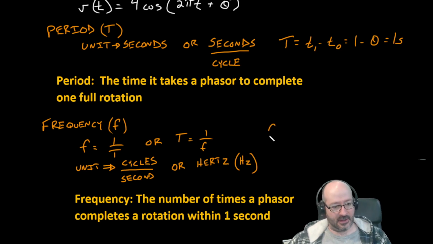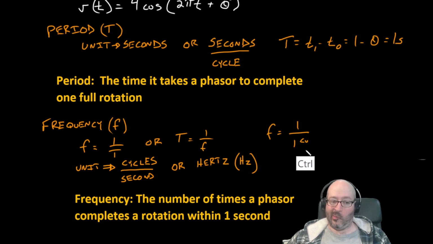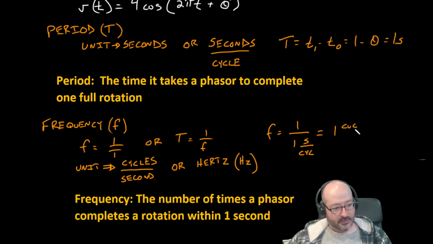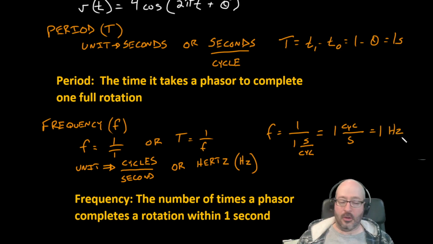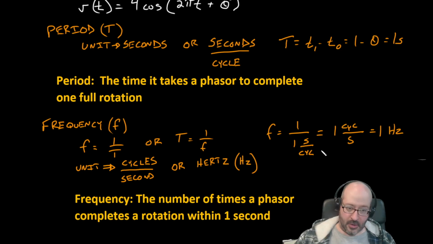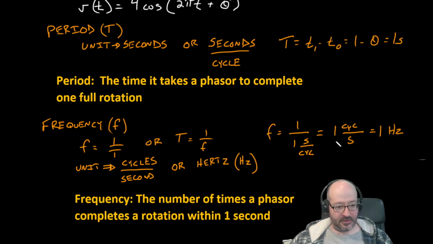So we can say that f is equal to 1 over 1 second per cycle, which is equal to 1 cycle per second, which is known as 1 hertz. This is, again, from our example of the waveform that we have further up the screen there.